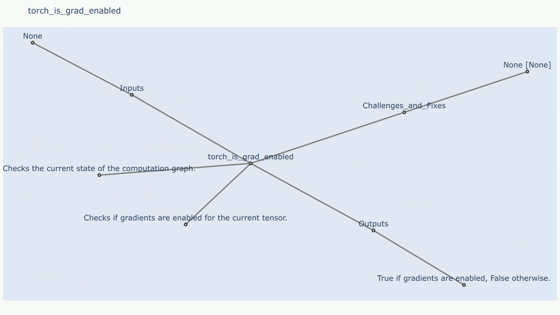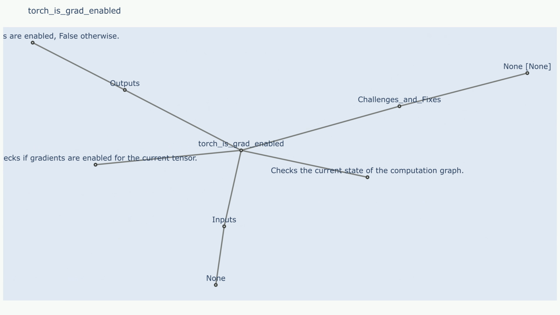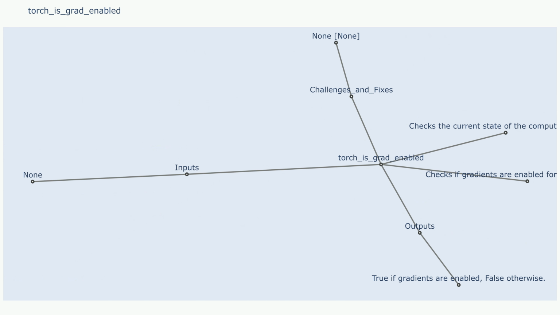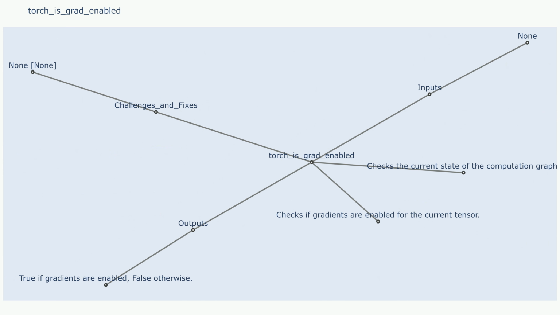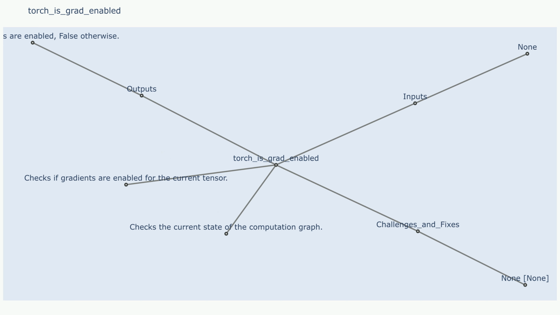Unexpected gradient calculation. The gradient calculation may be enabled even when you expect it to be disabled. This can occur if the torch no grad context manager has not been properly applied or if a part of your code modifies the global gradient enabled flag. Ensure that the torch no grad context manager is used appropriately around the code where you want to disable gradient calculations.